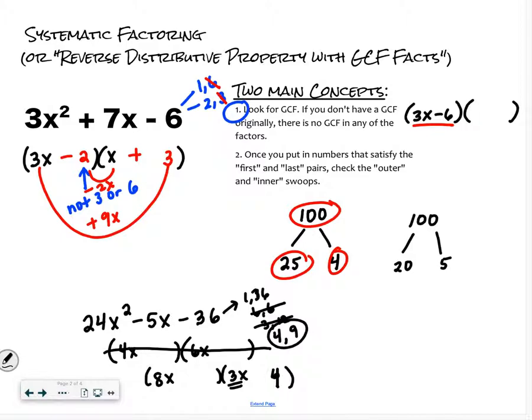That has to be the 4. And I can put the 9 there. I then have 32 and 27. And 32 and 27 can make -5 if I have -32 and +27. Okay, so there's a method to this madness. And then we start to eliminate possibilities by doing this systematic factoring.